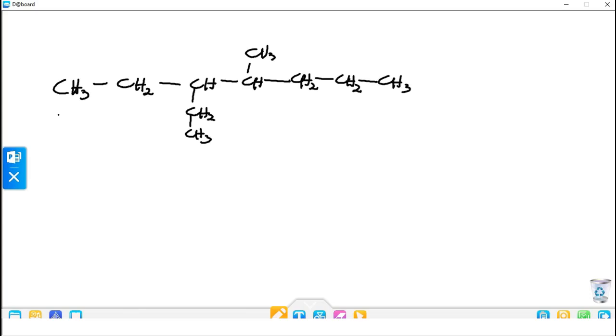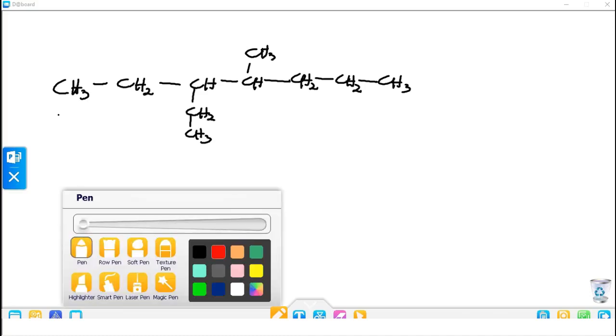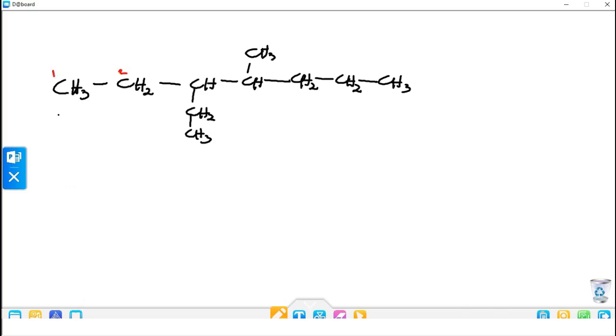Now looking at the structure as given to us, what we should consider first, as we have always been doing, is the parent chain. Where will be our parent chain? Now taking a look at the structure, if we are to go with the rule of parent chain, we may choose to say this is 1, 2, 3, 4, 5, 6, and 7.